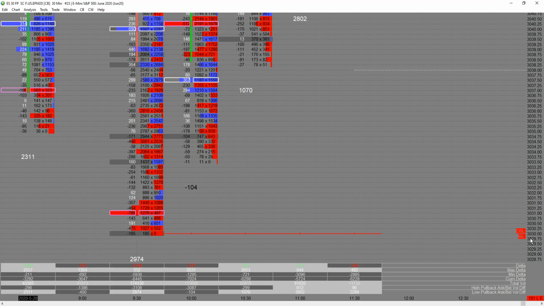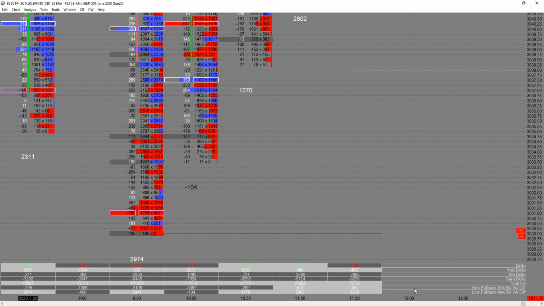When we came into this 30-30 level, which was the low of the A period, because this is the first 30-minute candle, which is an A period, this is B period, C period, right? In the A period, the most negative delta occurred at this level here.